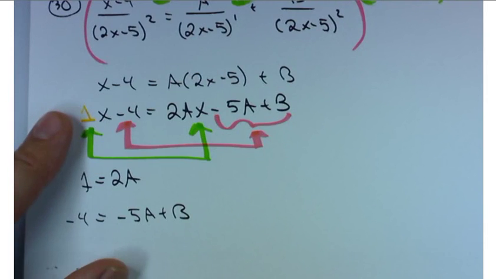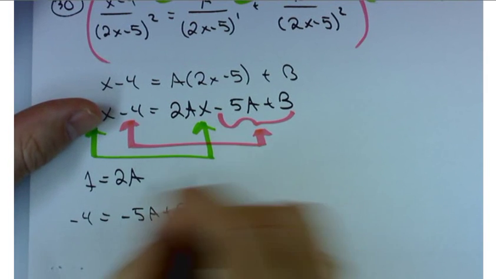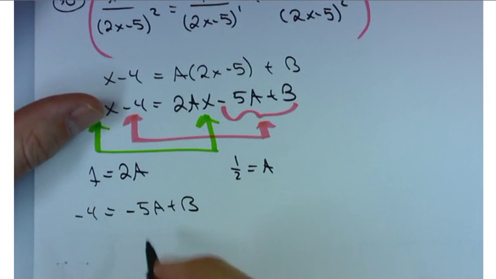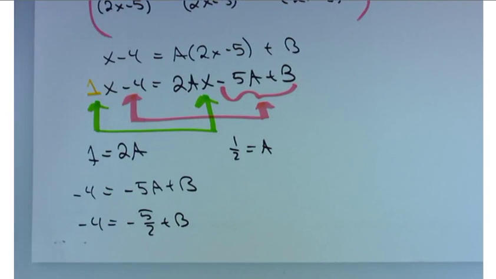Cool. Now you can solve this system any way you want. I mean, this one's pretty straightforward. You can multiply through by 1/2 and get 1/2 for A. If A is 1/2, negative 5/2 plus B. So what, negative 3/2 for B?